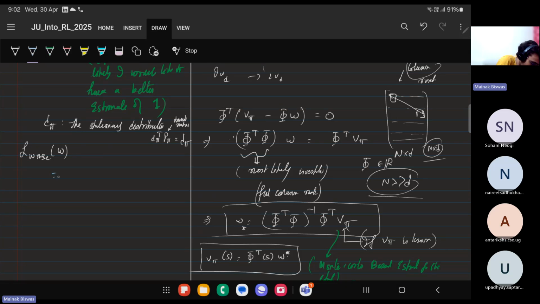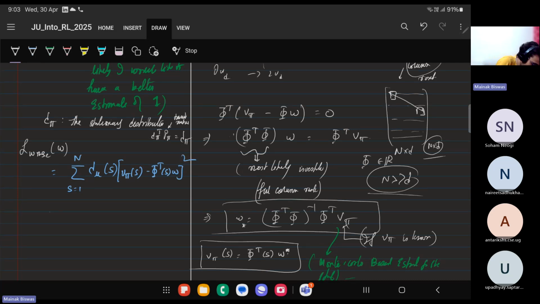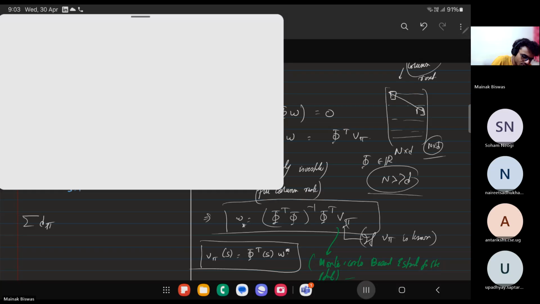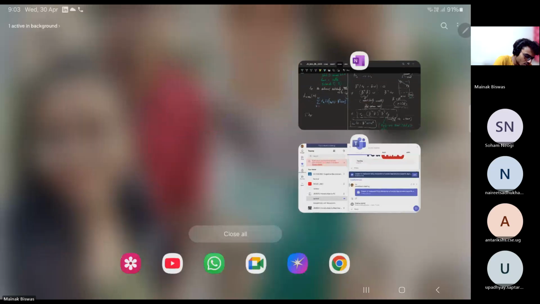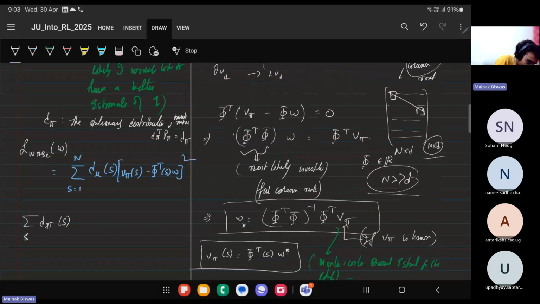Then we can write this weighted loss as the summation over S equal to 1 to n of d pi of S, just weighing the loss, squared. Do you agree? And once I write this, can you tell me what this is equivalent to? This is very clearly seen. So first tell me what is the summation of d pi of S over all S? This is what?